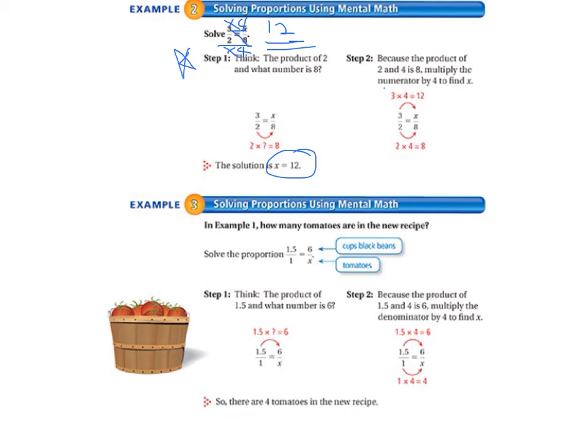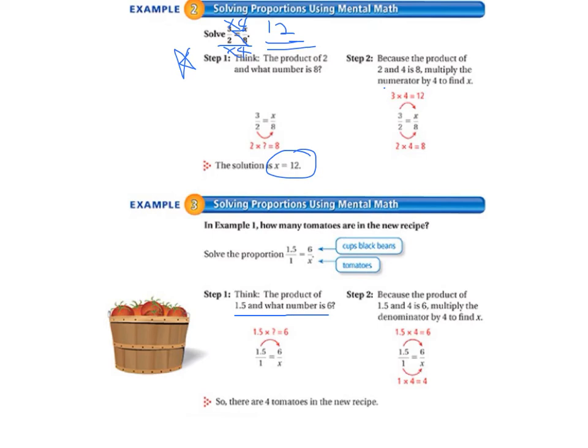Example 3, another solving proportions using mental math. In example 1, how many tomatoes are in the new recipe? If you set up your proportion with the cups of black beans on the top and the tomatoes on the bottom, and you follow the steps, you think the product of 1.5 and what number is 6.